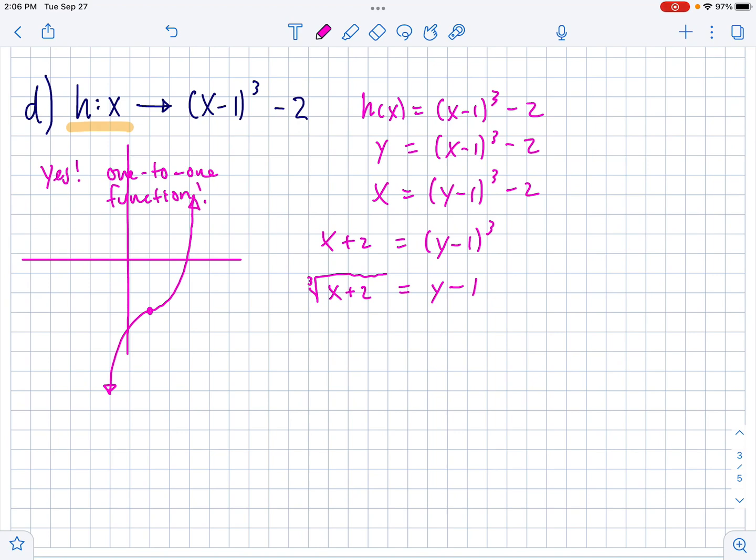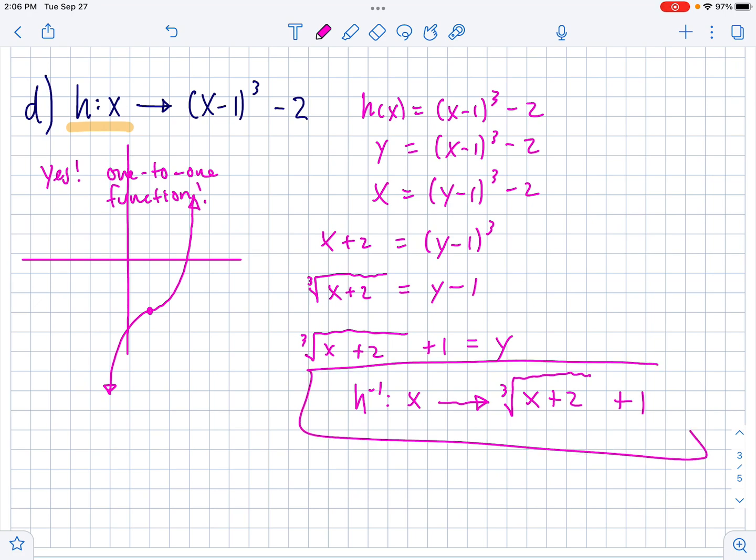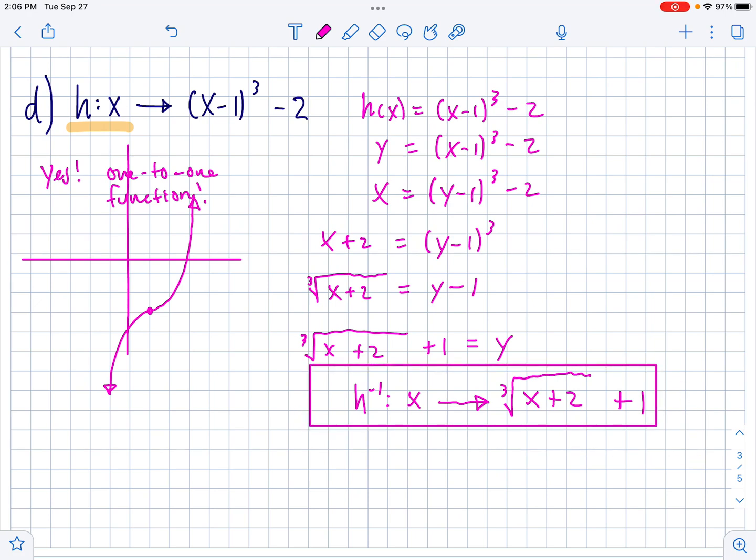And then I have to add 1 to both sides. I cannot get that under control, sorry. So, h to the negative 1 of x goes to cube root of x plus 2, plus 1. There it is.